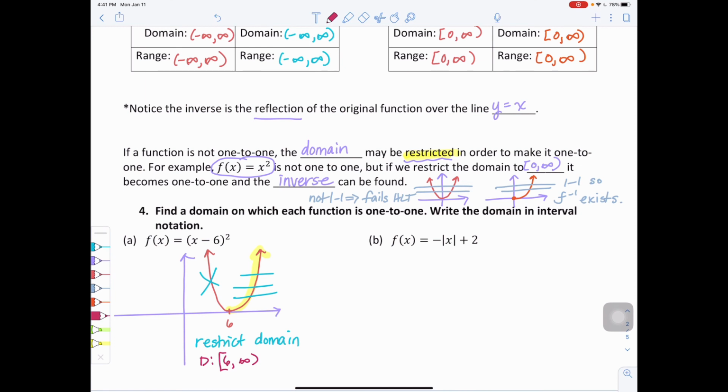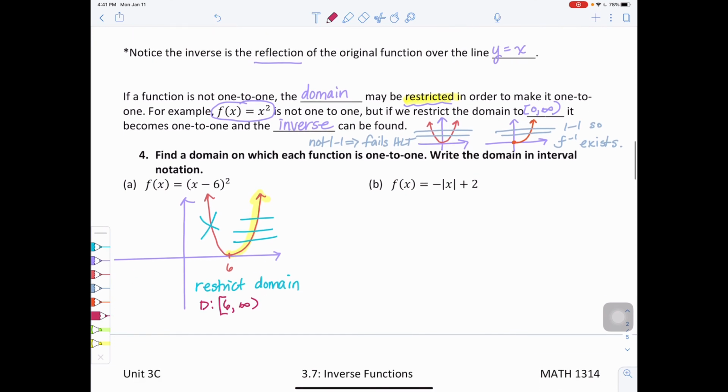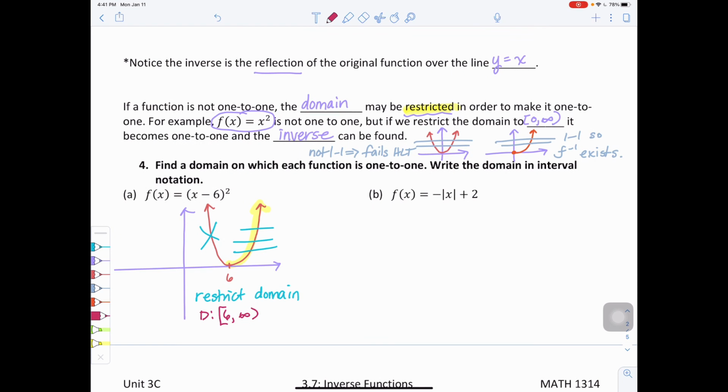Okay, and this next one, we have the absolute value function reflected across the x-axis and then shifted up 2. So it will look something like this.